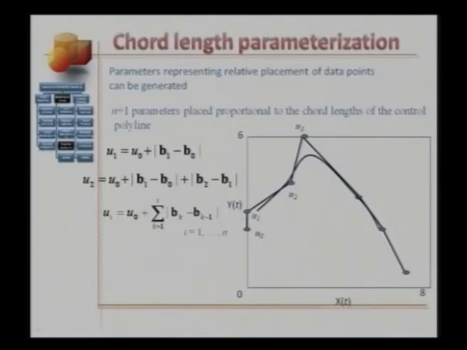So realize that there are two indices at work here. One is the index k, the other one is the index i. Now, to set the parameterization in the interval a, b, we'll have to perform some scaling.